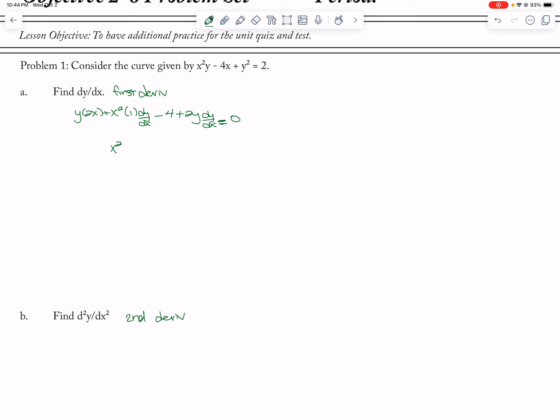So x squared plus 2y dy dx is equal to negative 2xy plus 4. So dy dx is equal to negative 2xy plus 4 over x squared plus 2y. Remember, this is a product rule of two variables.